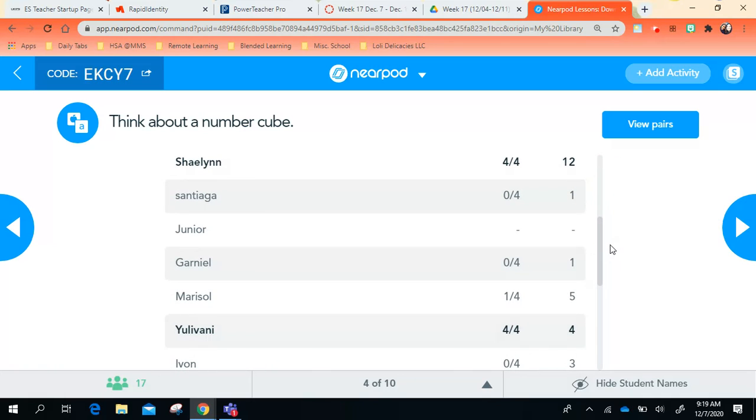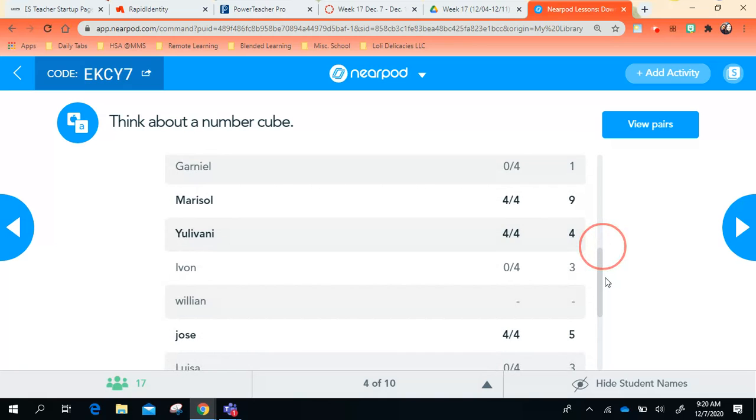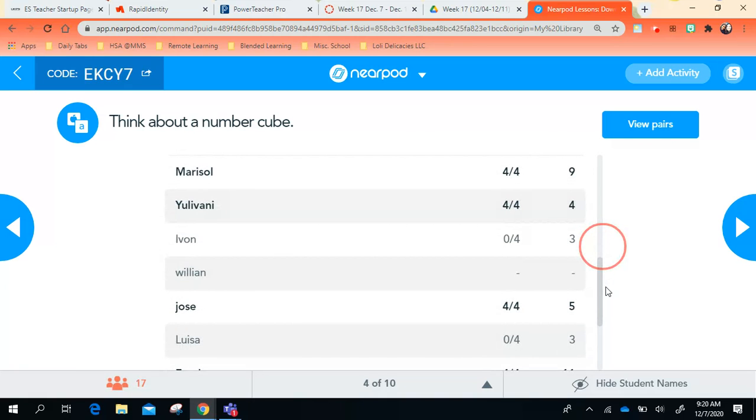Junior, you haven't started your probability. Santiago, if you have questions, make sure you're asking. William, no has ni empezado.